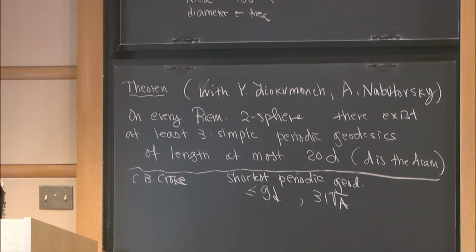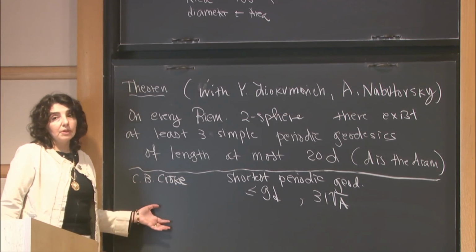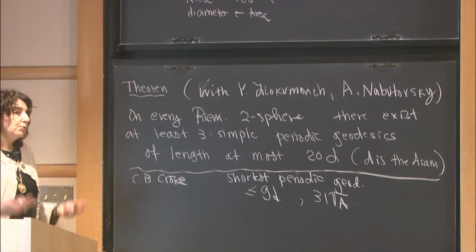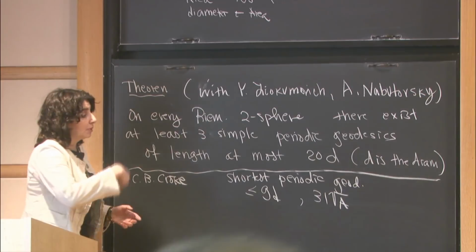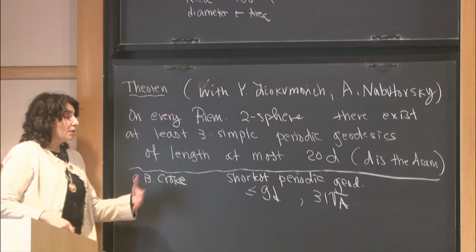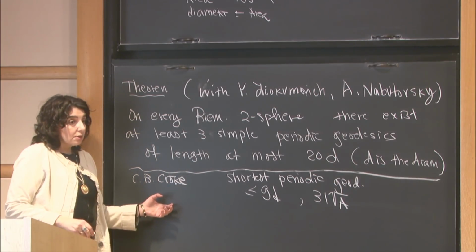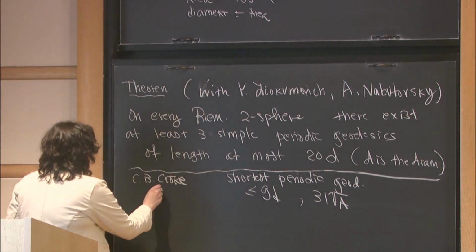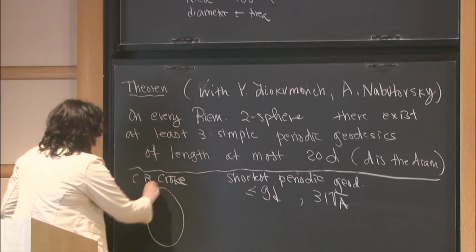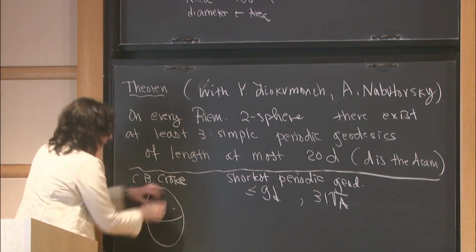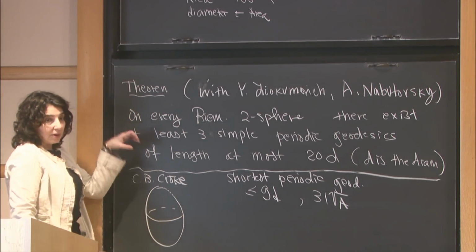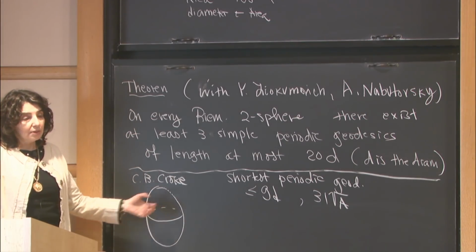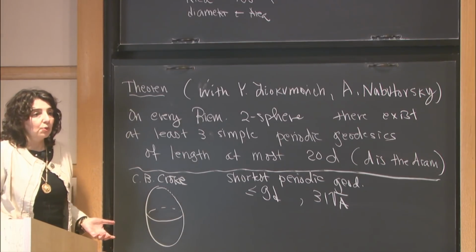Right. So let me say right away that we cannot bound the length of the second. I put the second in quotation marks because there may be more than one. We cannot bound the second longest periodic geodesic on a sphere in terms of the square root of area, because one can look at an ellipsoid of revolution that is long, and so the length of the shortest periodic geodesic is going to be long as well.